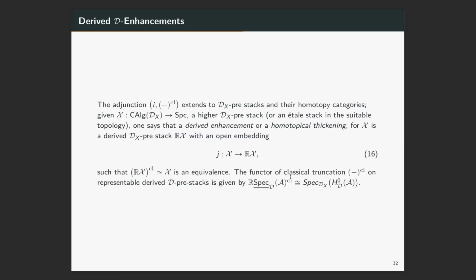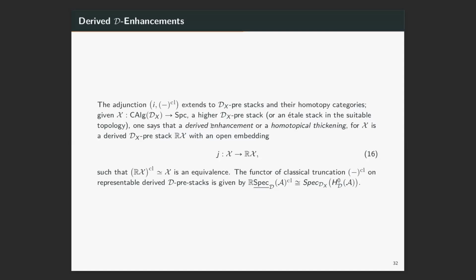It's just, as in normal derived geometry, you view an algebra as a complex just sitting there by itself in degree 0, nothing else. And surely this should have an adjoint, and the adjoint is what we already discussed. This is exactly the classical truncation. So you just remember the 0th part of a derived object. So this is what I mean by the classical truncation and a derived enhancement.